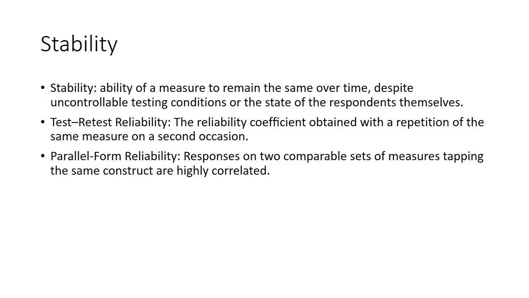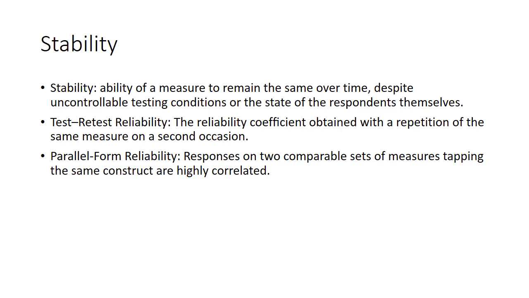It is the reliability coefficient obtained with the repetition of the same measure on a second occasion. When you get the data from the person and you get the data a second time, you must have the same answers. Parallel form reliability: responses on two comparable sets of measures tapping the same construct are highly correlated.